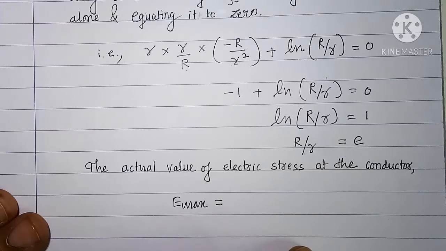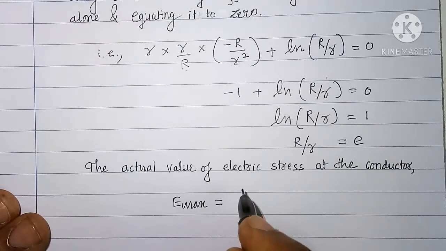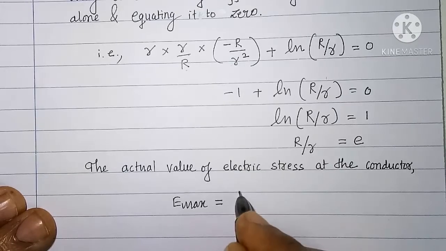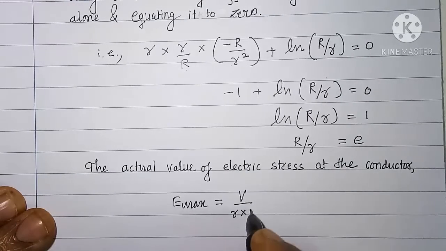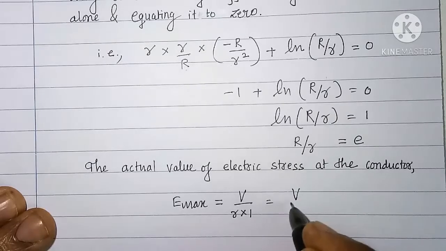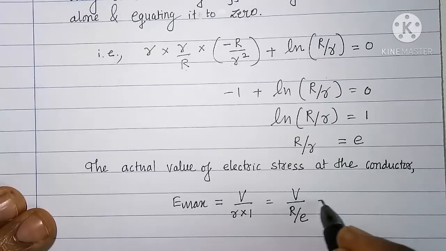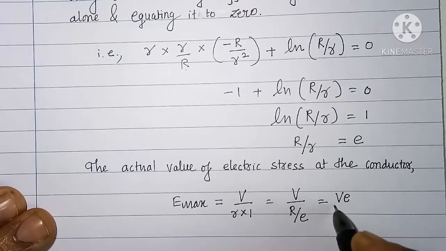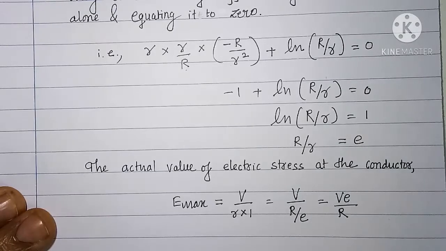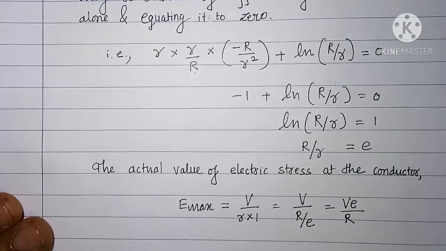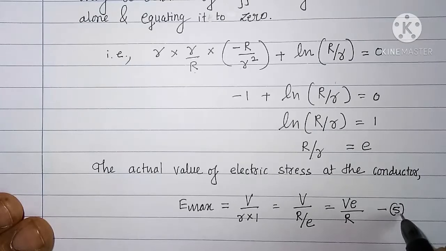If we do that, we get V by R into 1, that is equal to V by capital R by e, that is equal to V into e by R. Now let us call this as equation 5.